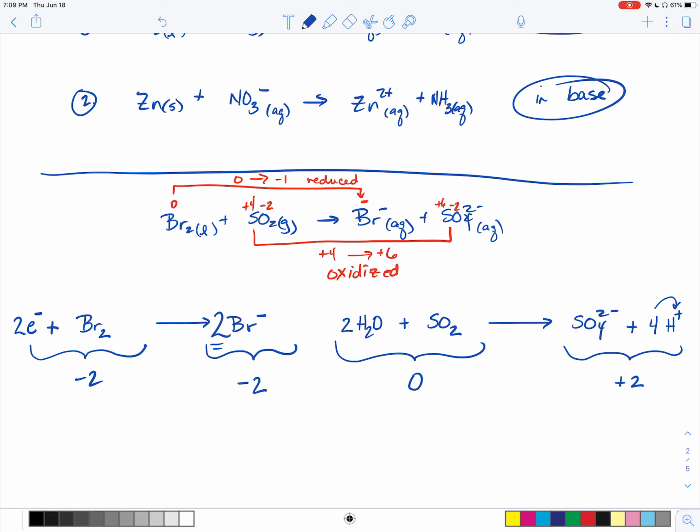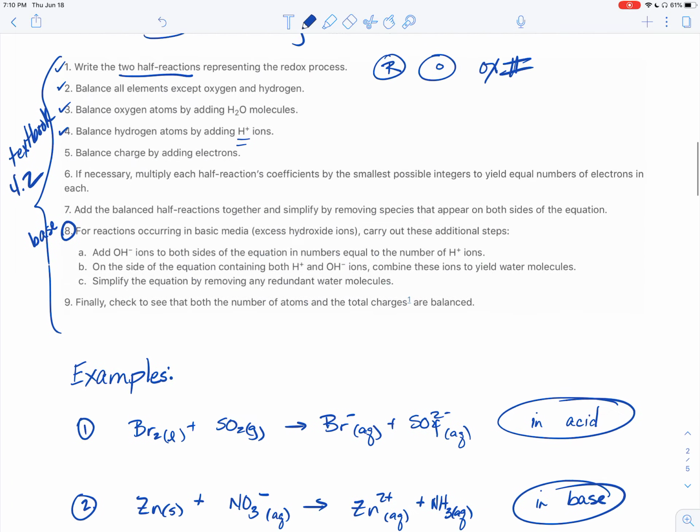So how do you make 0 and +2 come to be the same value? Then you're going to have to add 2 electrons to the right-hand side. I'm going to move these over just a little bit to give me some space. I'm going to add 2 electrons. And so now this charge no longer is +2, it is now 0. Now they're summed up as equal. Okay, so that is step 5.